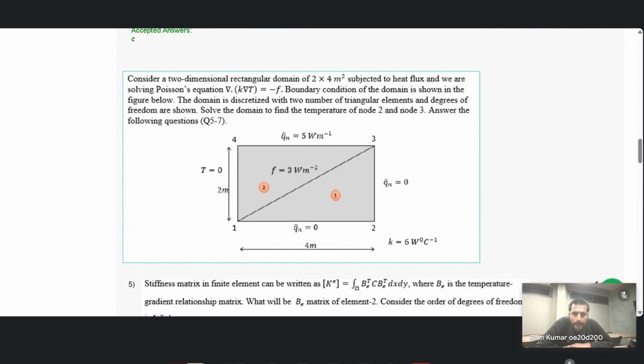Sir, this is one of the questions. This is a linked question. Consider a two-dimensional element subject to flux, with the boundary conditions of the domain shown in the figure. Solve the domain and find the answer given.